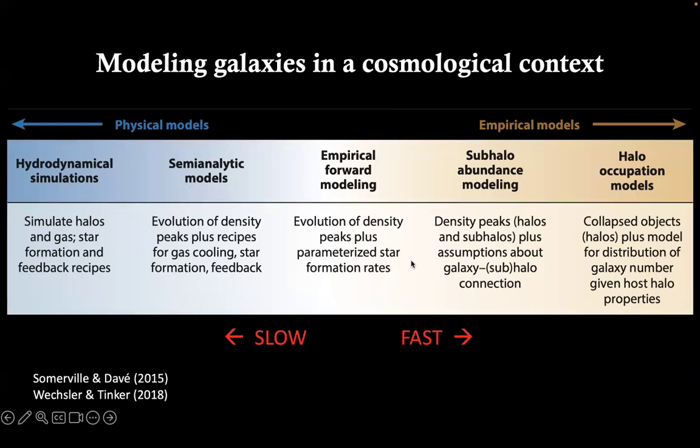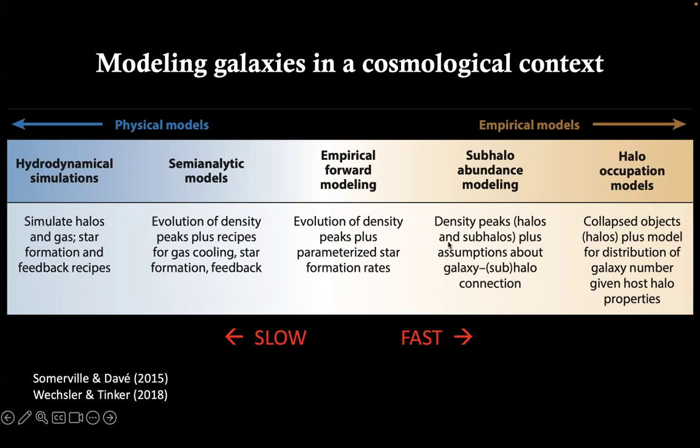Now, as more data comes in at higher resolution, more detailed models are needed, I think, to extract as much information as possible from the data. And so, of course, we need models of galaxies in a cosmological context for different regimes.